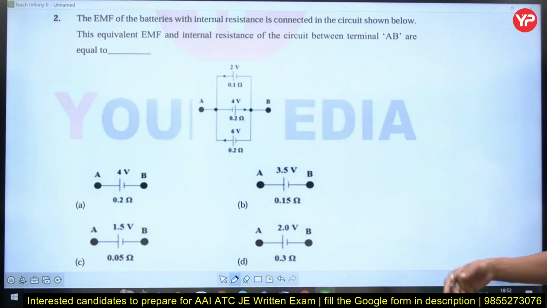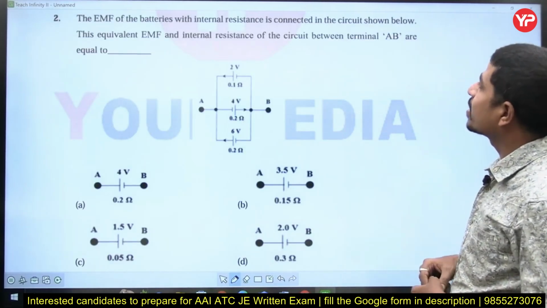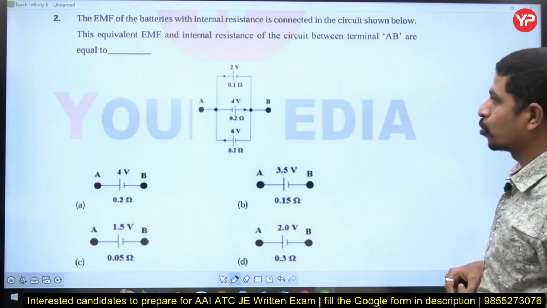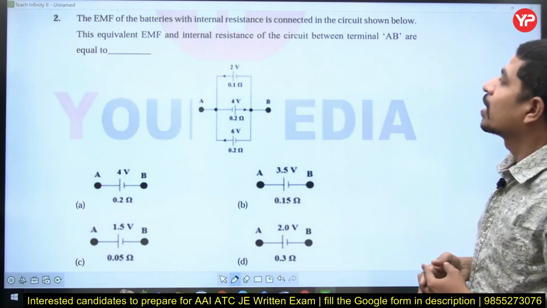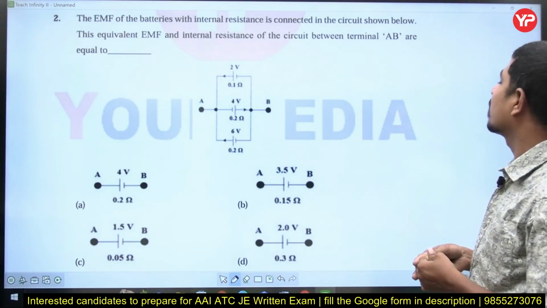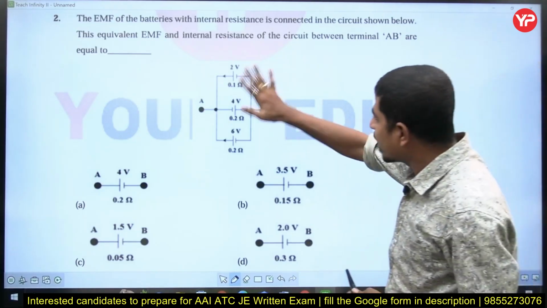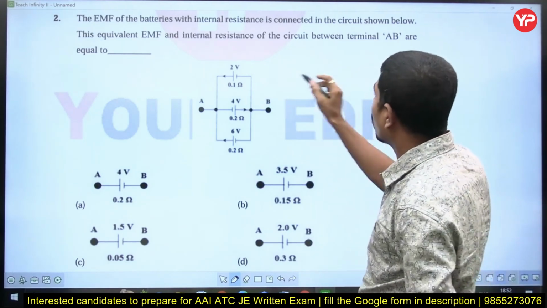The next question says that the EMFs of 2 batteries with internal resistance are connected in the circuit shown below. Yes, this is the circuit, clearly visible to you. The equivalent EMF and internal resistance of the circuit between terminals A and B is equal to what? He has given three batteries. This is a battery with 2 volts and 0.1 ohm.